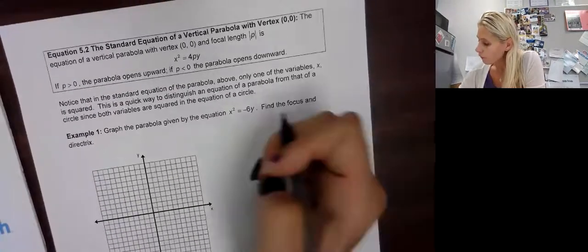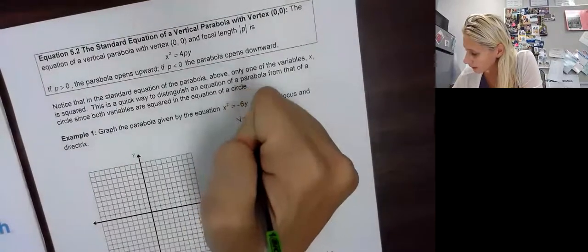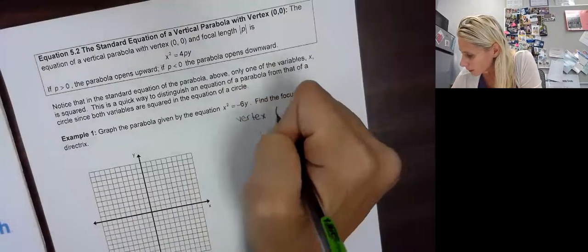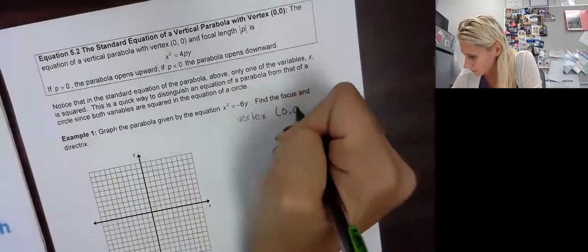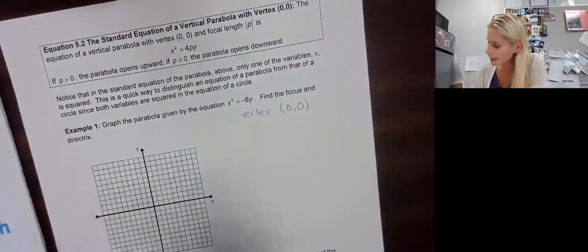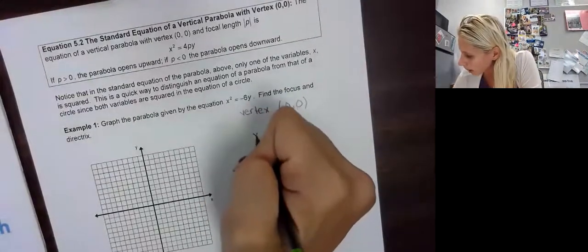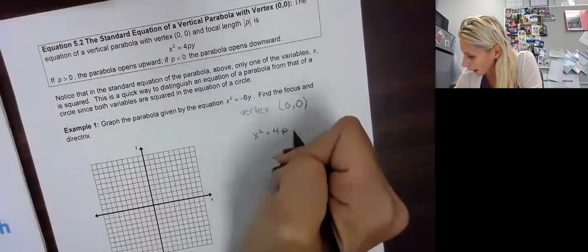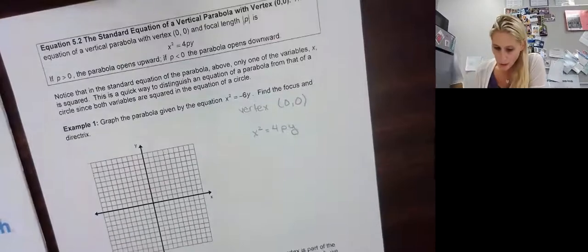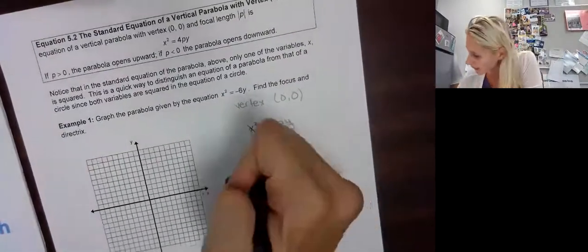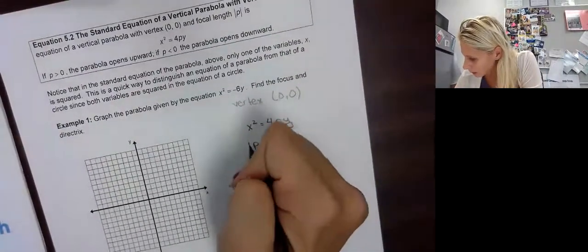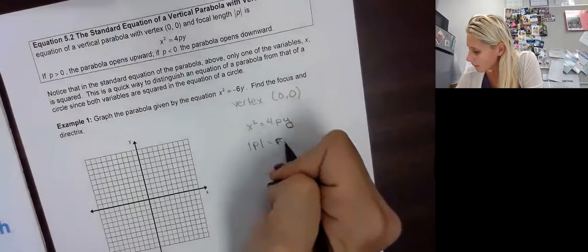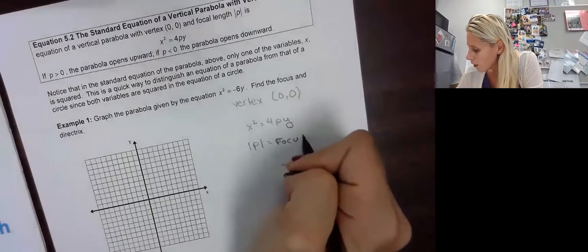Okay, so first of all, let's point out that the vertex is 0, 0. I want you guys to keep in mind that we are talking about x squared equals 4py. And remember that the absolute value of p is the focal length. So knowing that, we now can solve for the focus.